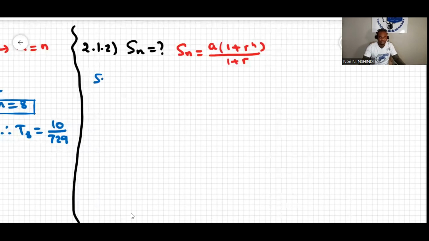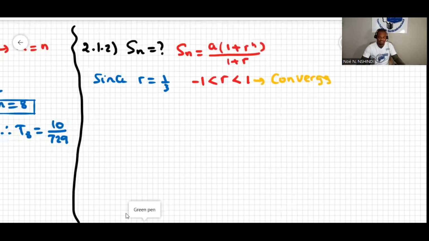Okay, since r equals 1 over 3, the formula says that negative 1 less than r less than 1 implies that the series converges. Therefore, Sn is called the sum to infinity, which is given by A over 1 minus r.